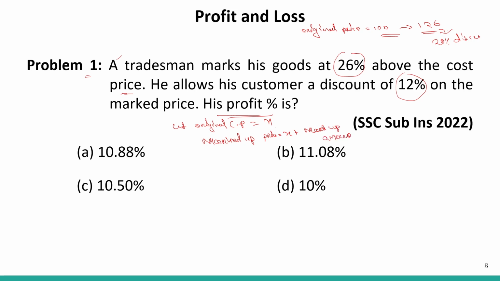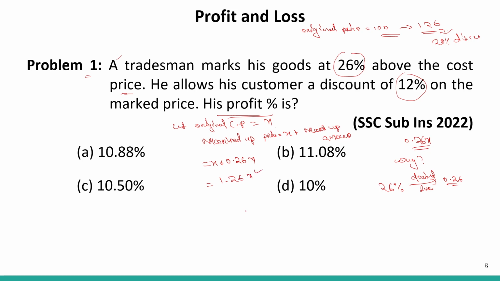Since the markup amount is 26% of the original amount, it will be 0.26x, because 26% in decimal form is 0.26. So this is x plus 0.26x, which is equal to 1.26x, the marked up price.